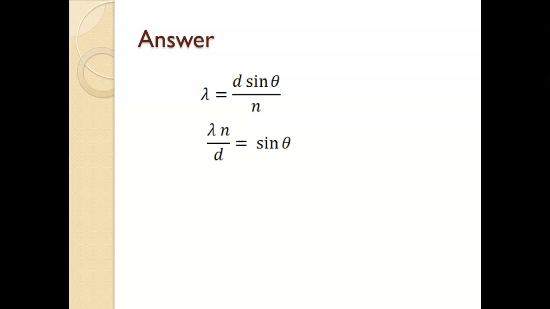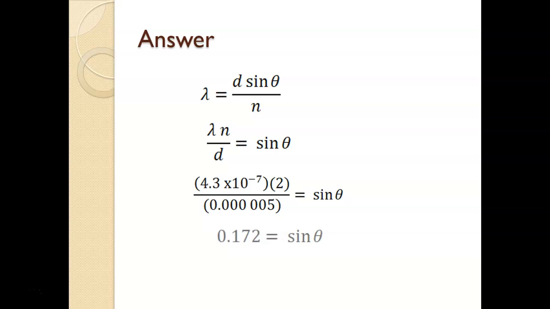We're going to rearrange this by multiplying both sides by n and dividing both sides by d. And you're going to plug in your numbers. Remember, we're talking again the second order maximum. So sine theta is equal to 0.172, which gets you an angle of 9.9 degrees when you inverse sine both sides.